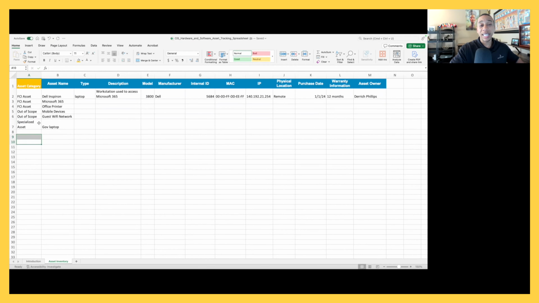If it's just being a specialized asset, that government laptop would not be assessed against the CMMC Level 1/FAR 52.204-21 requirements. You have your asset inventory, and I walked you through how to actually perform the scoping for CMMC Level 1. There's 3 categories. You have your FCI assets, out of scope assets, and then also your specialized assets.